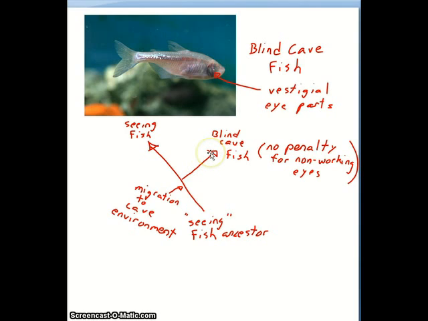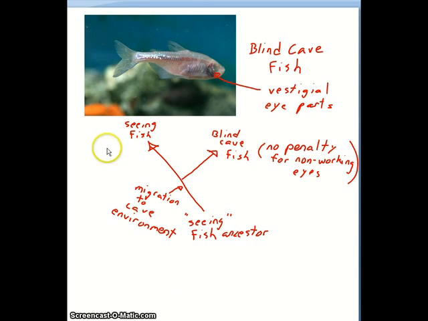And here now, the selection pressures are going to change. There's no longer a selection pressure for vision, right? So any variations that negatively impact the eyes, there will be no penalty for that. And in fact, there might be an advantage.